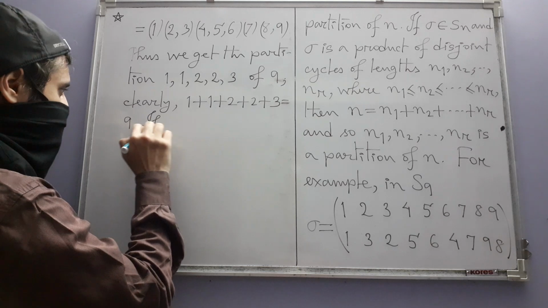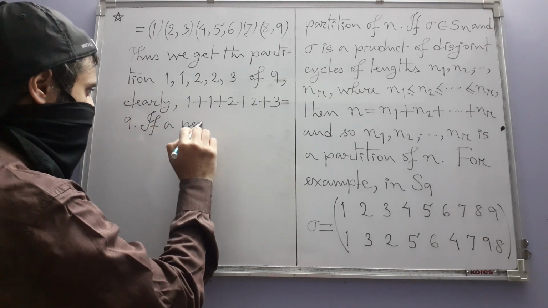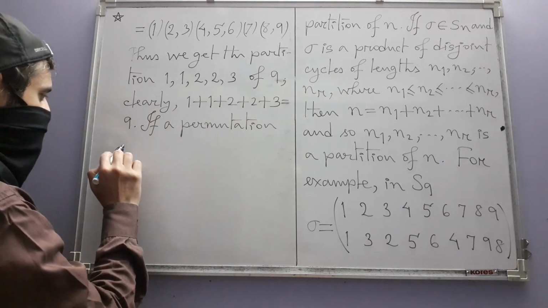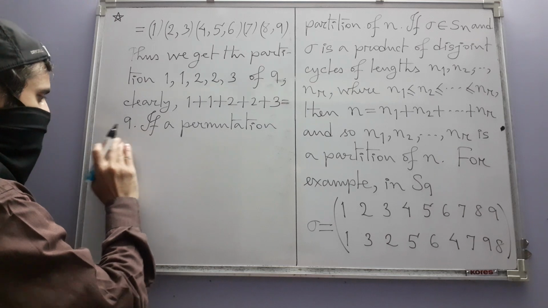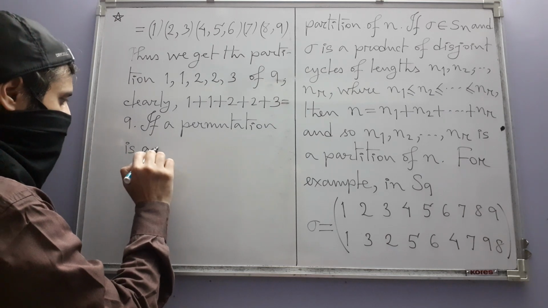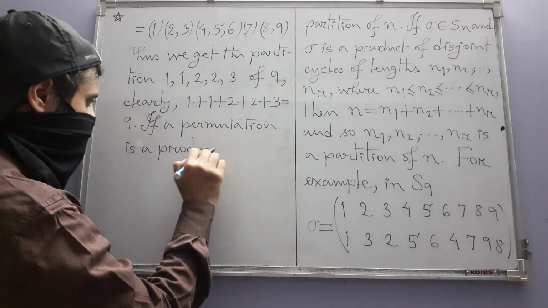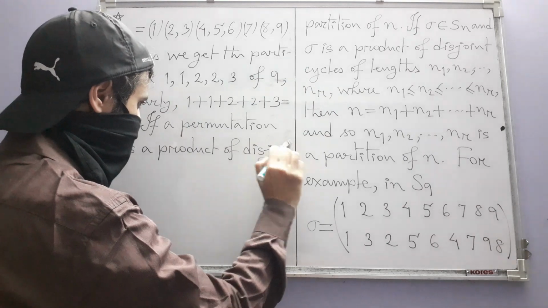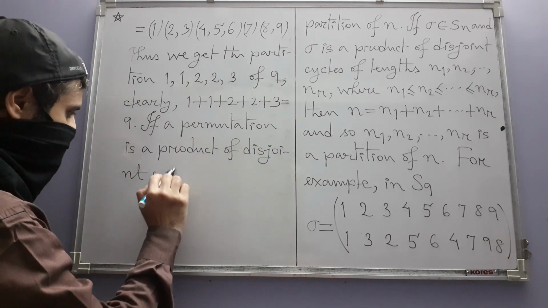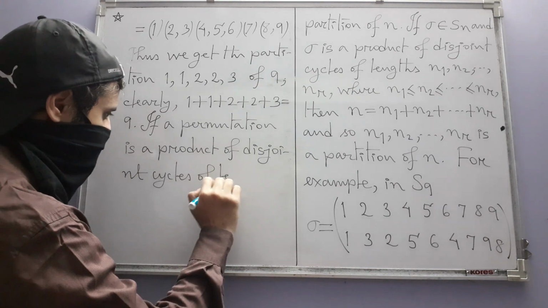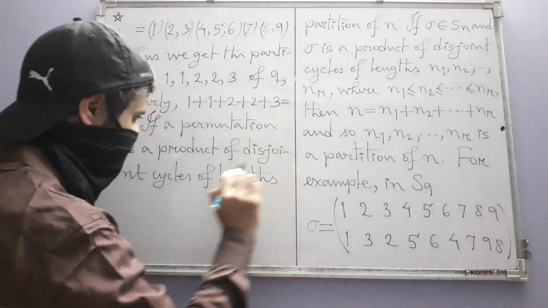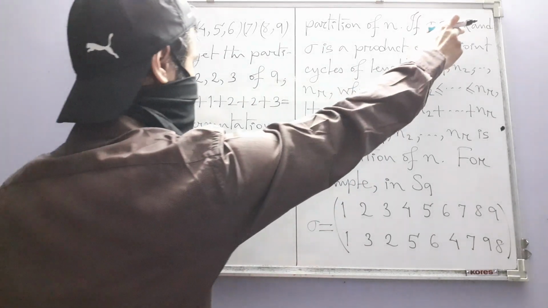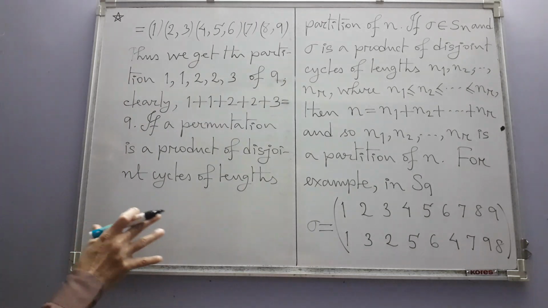Now, if a permutation has or is a product of disjoint cycles of lengths, if a permutation means, you understand that we are in the group Sn, that is, I am writing the general thing.